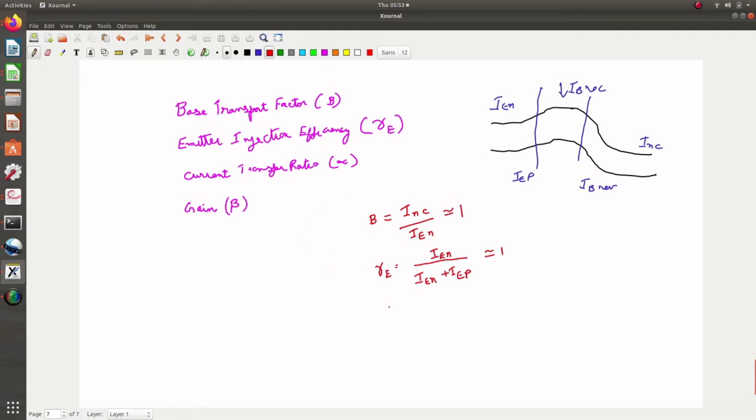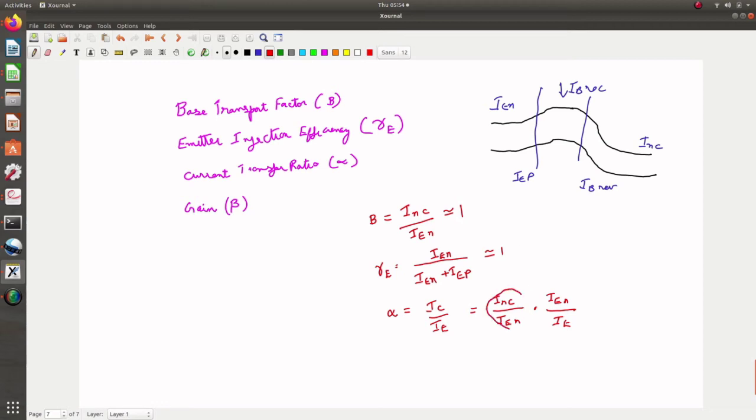The current transfer ratio alpha is given by IC by IE. We know the IC is INC. We multiply and divide by IEN, which is the emitter current due to the movement of electrons from emitter to base, so that the equation IC by IE can be rewritten as INC by IEN into IEN by IE.